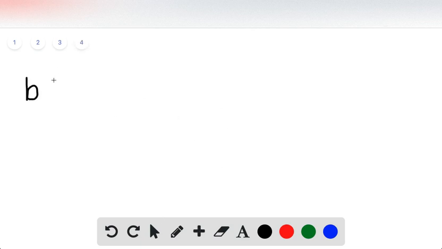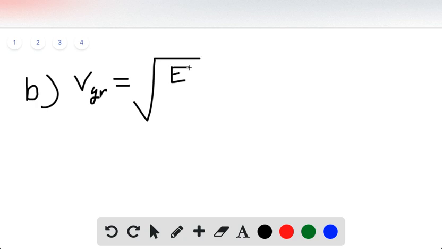For granite, you do the same thing, v_GR to denote granite. You do the same thing except you're looking for E, which is the elastic modulus. Rho is still the density.